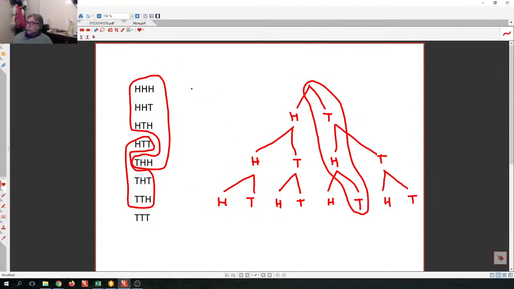So this is my A, and this is my B. You can see they have nothing in common. There is no outcome that is in both of them. But they are not complementary because this one is outside of either. So they're not complementing each other. Something is missing here. They're not exactly opposite.